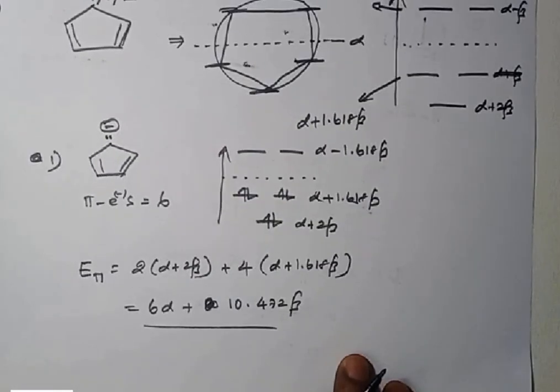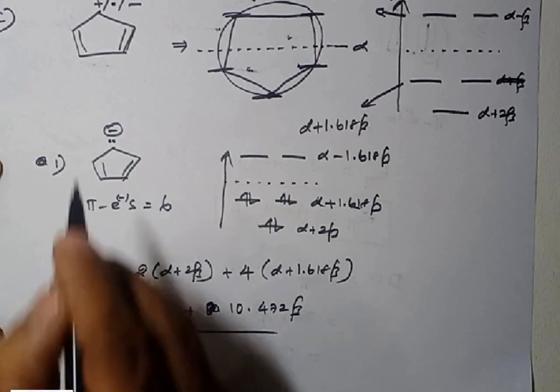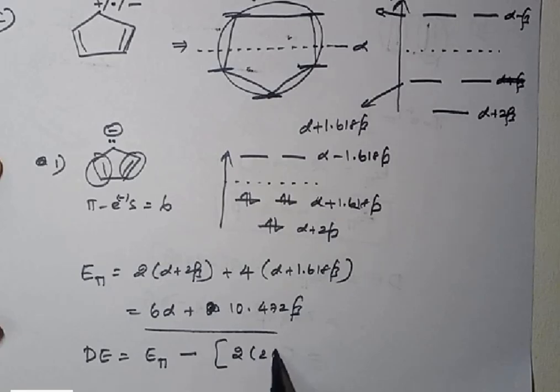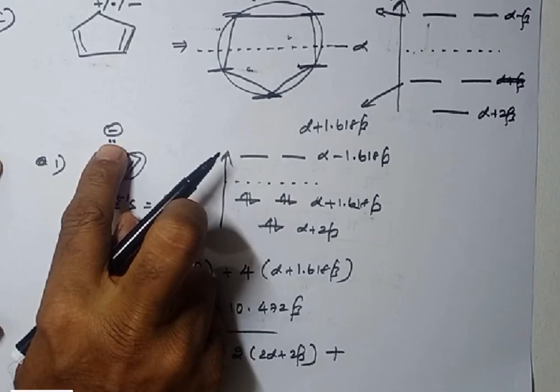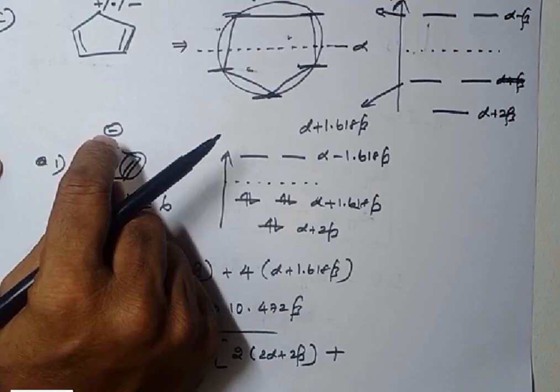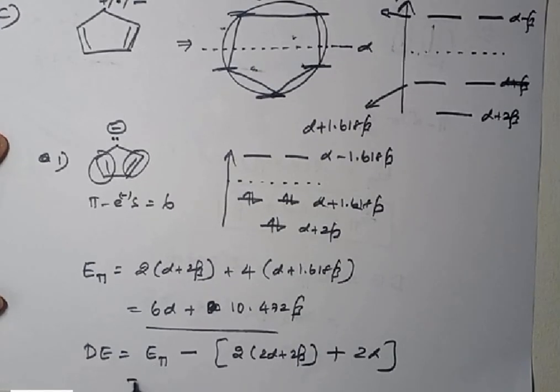Okay, now what is the delocalization energy? It is nothing but pi electronic energy minus the energy of 2 ethene-like systems, so 2 into 2 alpha plus 2 beta, plus I have 2 electrons present in a p orbital. If 1 electron is present in a p orbital, energy is alpha. Now we have 2 electrons, so 2 alpha. Here I have 6 alpha plus 10.472 beta.